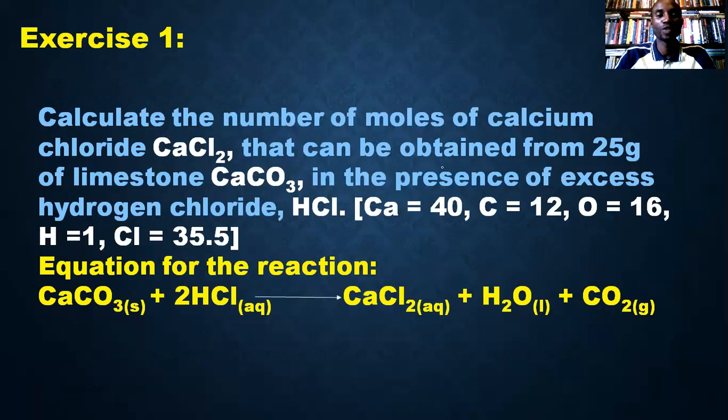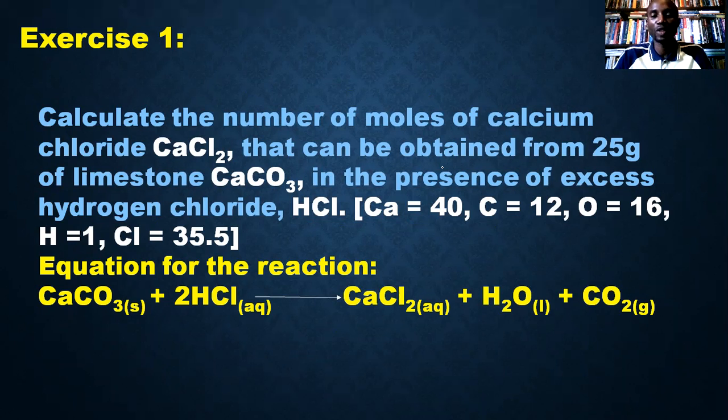Okay, so let's take some example. Calculate the number of moles of calcium chloride that can be obtained from 25 grams of limestone in the presence of excess hydrogen chloride.